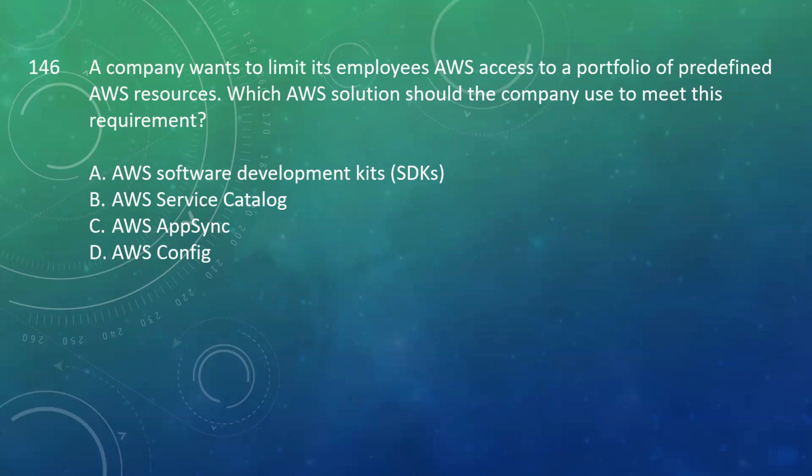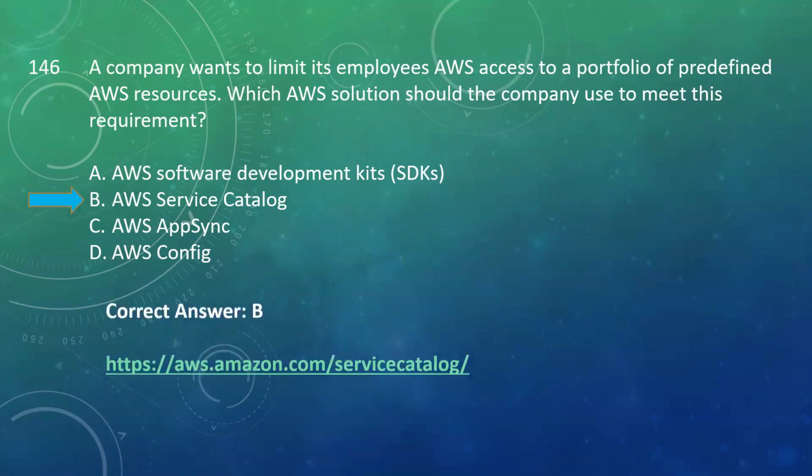The correct answer here is AWS Service Catalog. Service Catalog allows you to create, organize, and govern a curated catalog of AWS resources that can be shared at the permission level. So you can quickly provision approved cloud resources without needing direct access to the underlying AWS services.